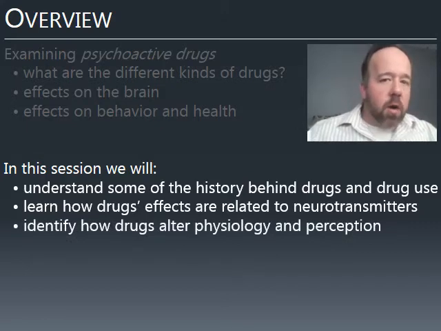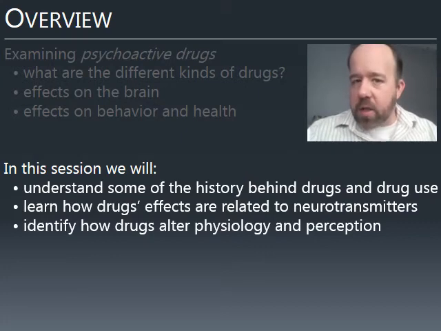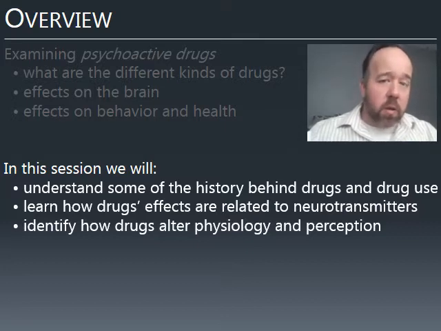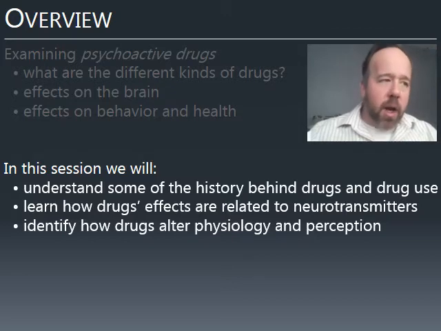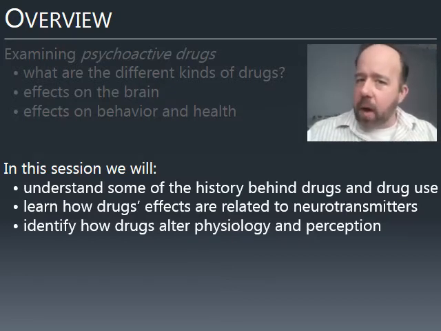And we'll look at how drugs alter physiology. So that's obviously a more physical process, as well as perception, a psychological one. So certain drugs, especially the hallucinogens, can change how we perceive the world. They can change other aspects of psychological function as well, but the hallucinogens in particular are famous for changing perception.